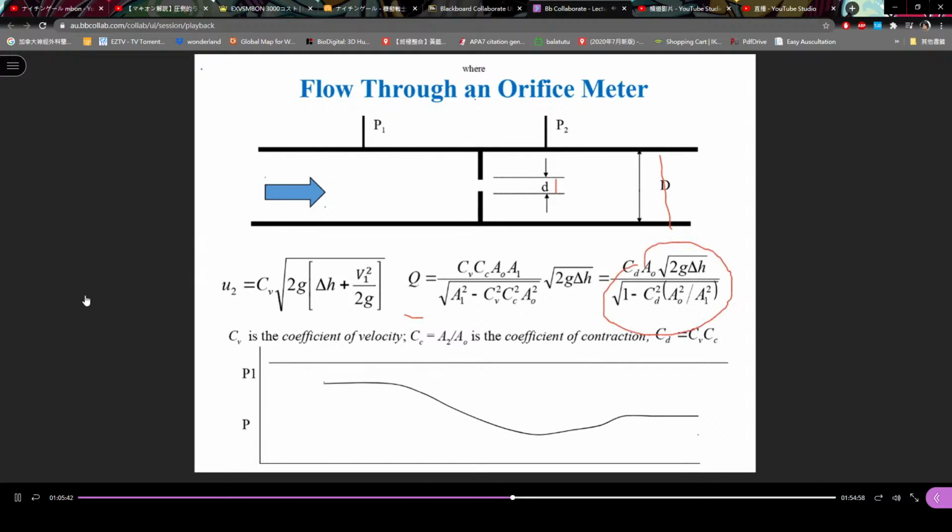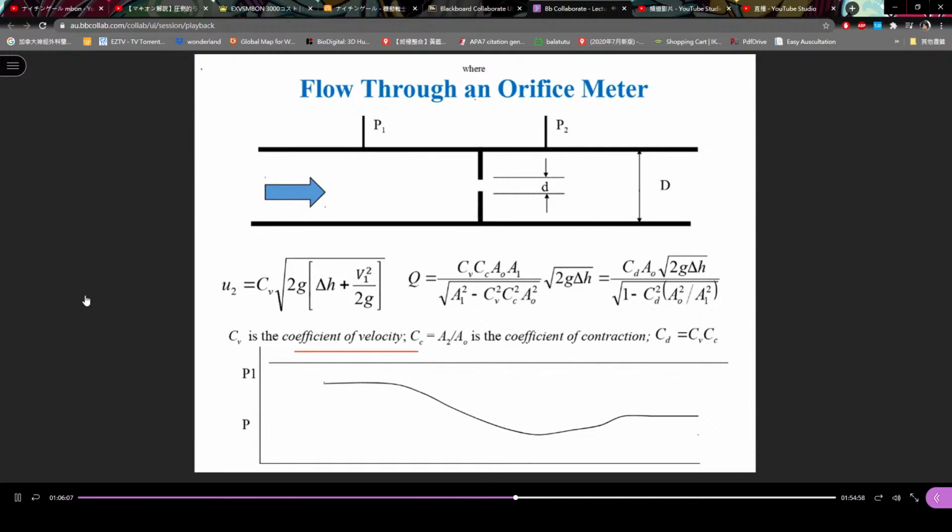But here we add more coefficients. Unlike the Venturi meter, we add another one, CV, the coefficient of velocity. We correct the velocity at the beginning.